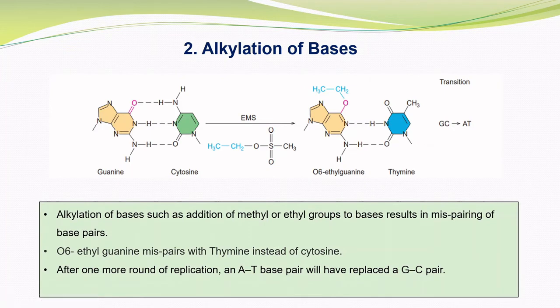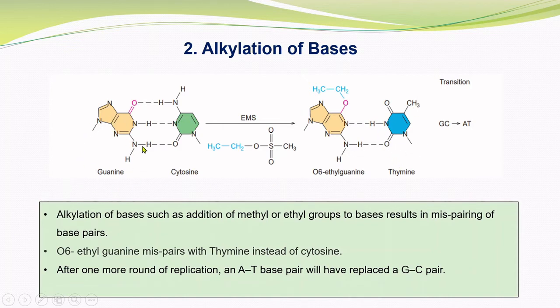Another type of damage is caused by alkylating agents. These agents add methyl or ethyl groups to the bases, which result in mispairing of base pairs. For example, exposure of DNA to alkyl agents like ethyl methane sulfonate results in the formation of O6 ethyl guanine. Now, O6 ethyl guanine mispairs with thymine.